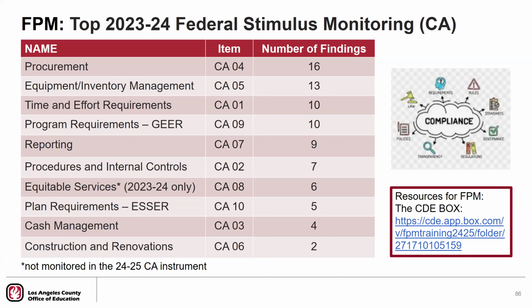It was also the highest frequency of findings for ELOP04. In upcoming slides, we will provide some resources to support procurement processes and procedures. You can find all the FPM resources for federal stimulus monitoring and all other programs in CDE's box. The link is provided for you on this slide.